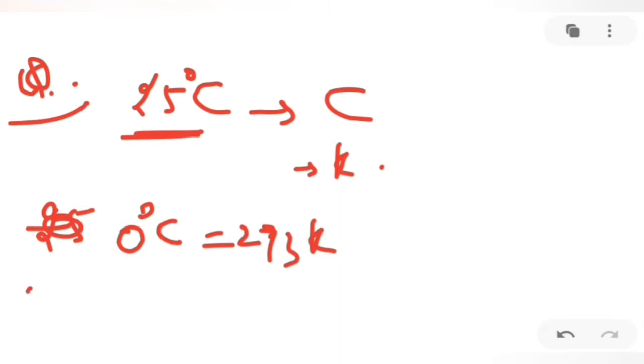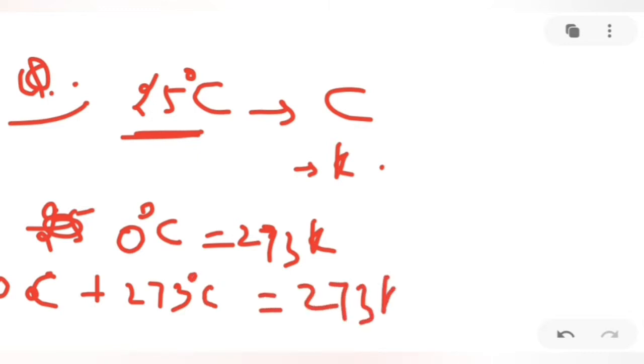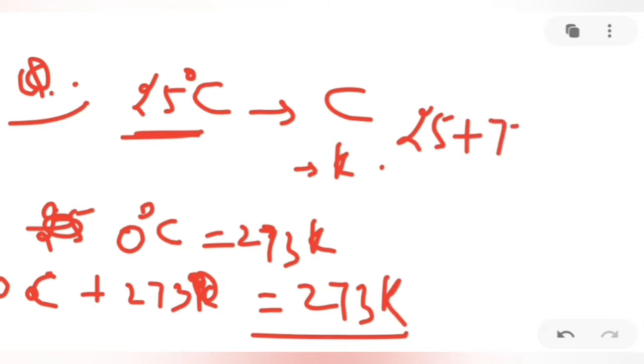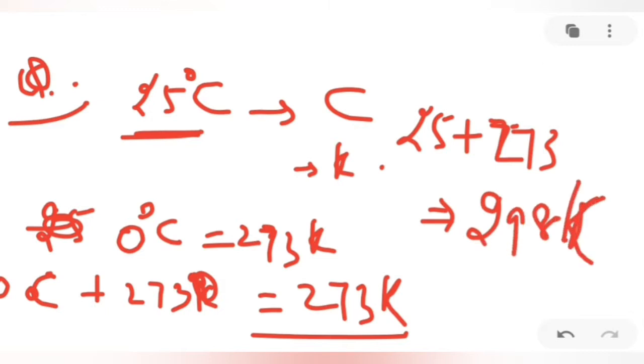So you will just add 273 to 25, and then you will get the answer as 298 Kelvin. This is what you have to do. This is very simple. I hope most of you must be understanding it.